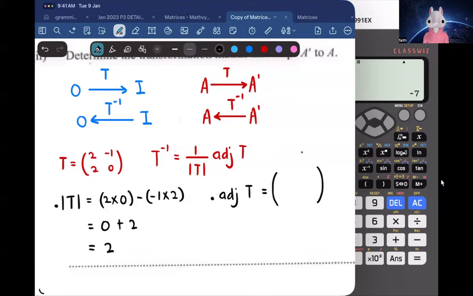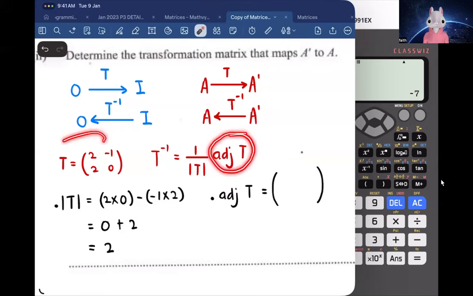So Perseus, how would I find the adjoint of T? So you put in 1 over 2, and then you're multiplying that by all the numbers. No, we need to find the adjoint first, right? So 1 over 2, yeah, but we need to figure out what the adjoint is. So how would I find the adjoint of T?